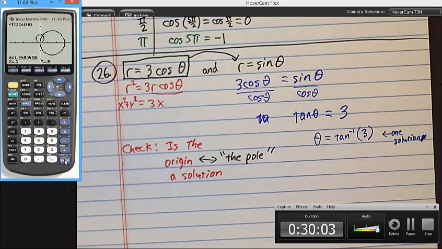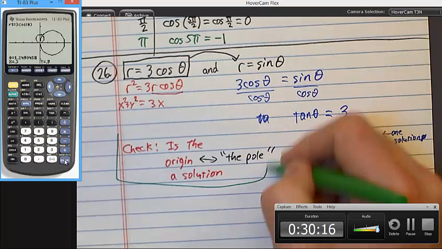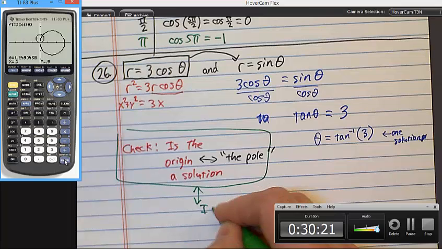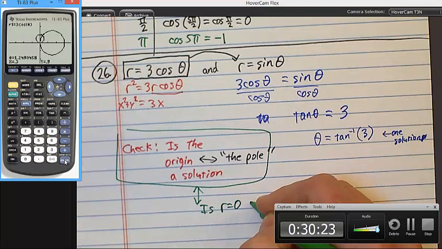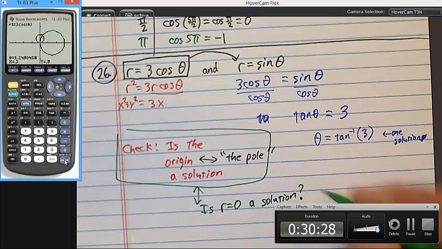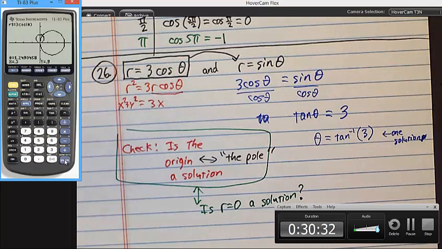Is the origin a solution? And the only way you can ever be at the origin in polar coordinates is if r equals what? 0. So basically what we're really checking is, is r equals 0 a solution? Okay? And you wouldn't find that by eliminating r, because you wouldn't know what r equals.